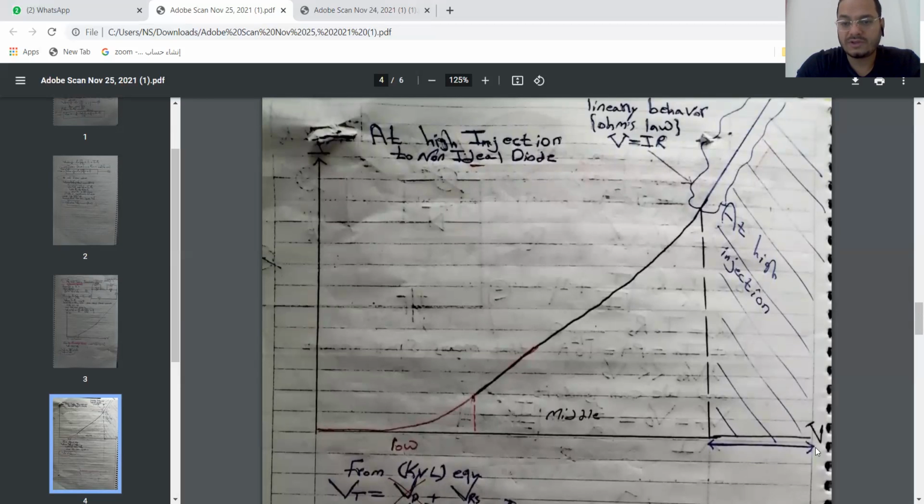Now let's work on high injection. At first, we started from voltage 1 until 2. After that, we were working on this small region. Now at last we're working on the region after the V2 point.